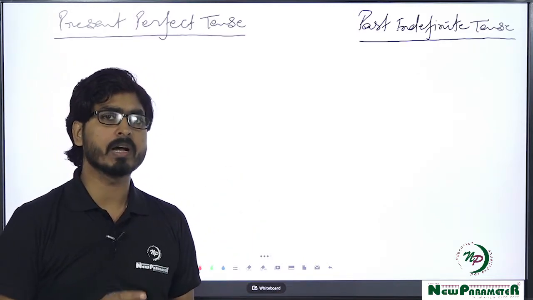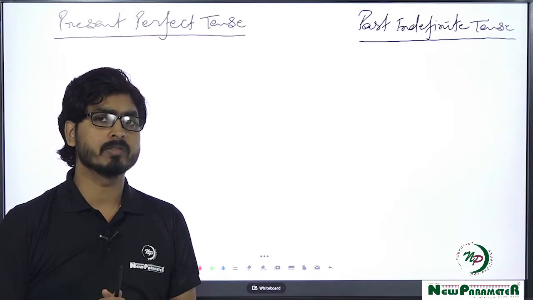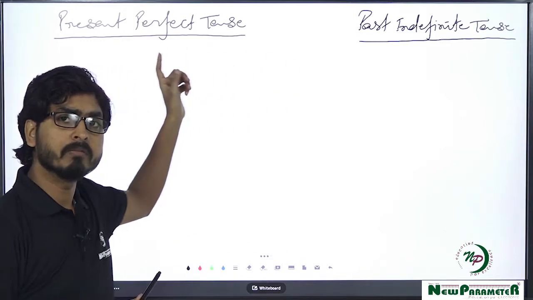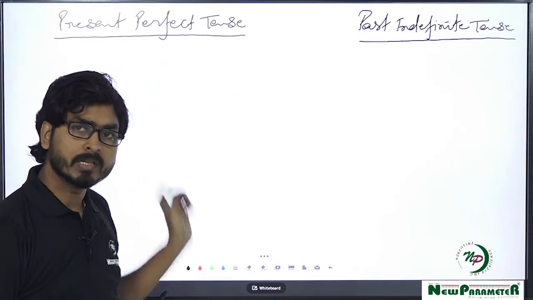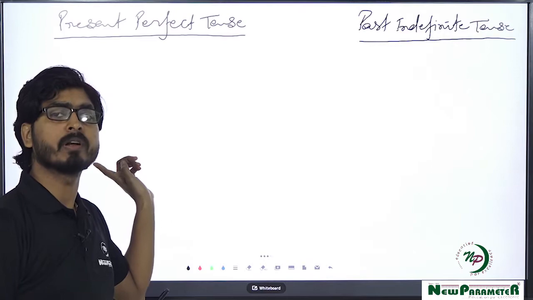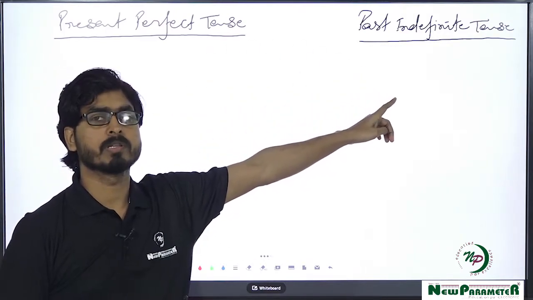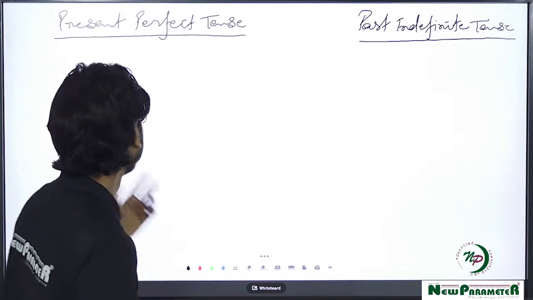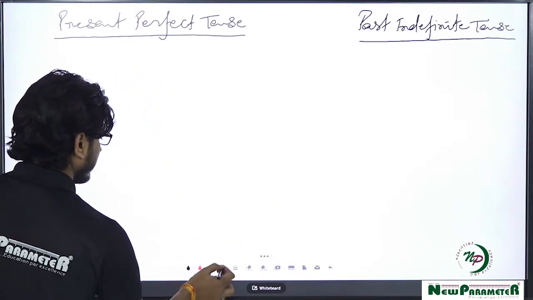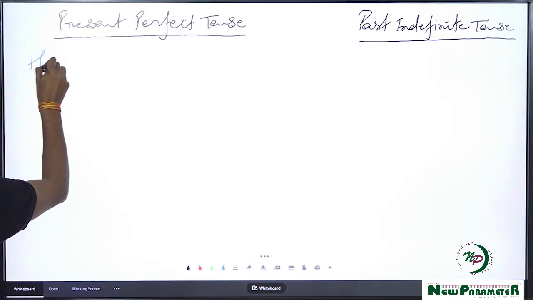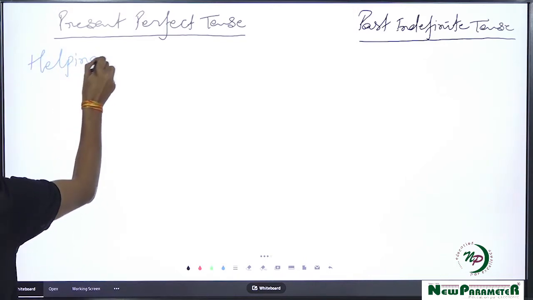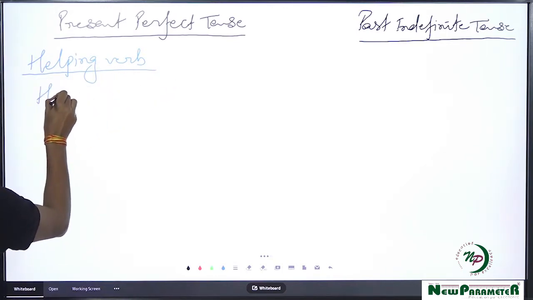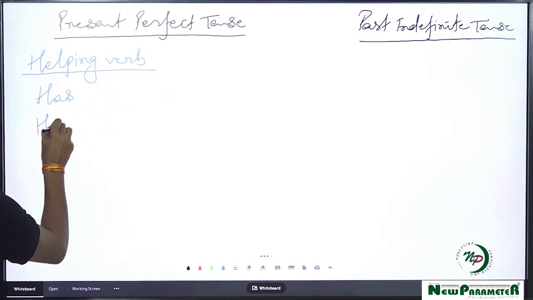Basically, the questions are asked where the sentences that must be in past indefinite tense are given in present perfect tense, and the sentences that must be in present perfect tense are given in past tense. So we must know the basic difference between these tenses. Firstly, we'll see a helping verb. We know very well, has and have.